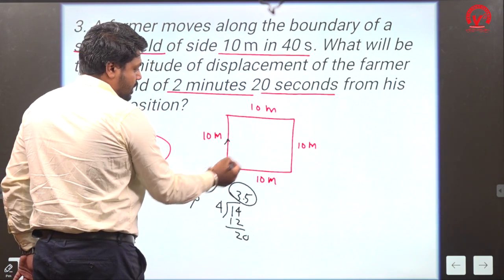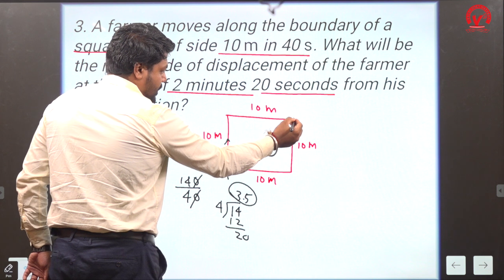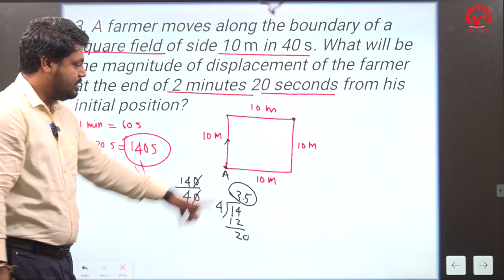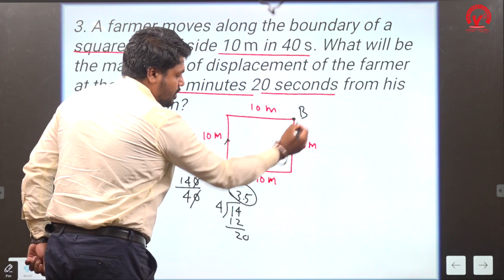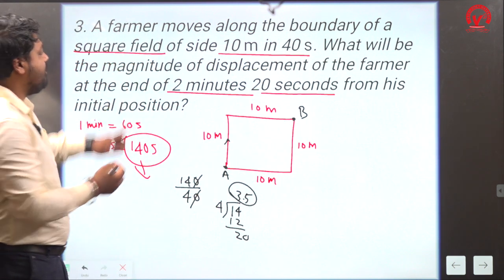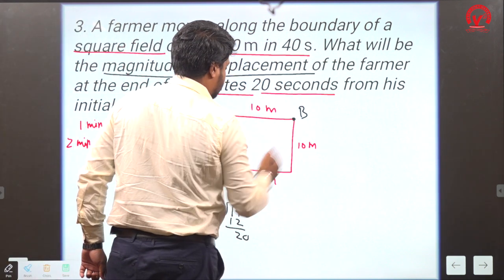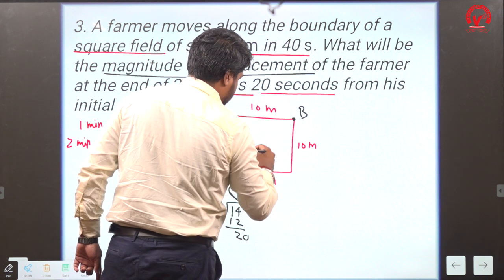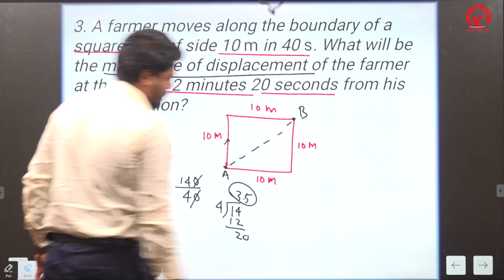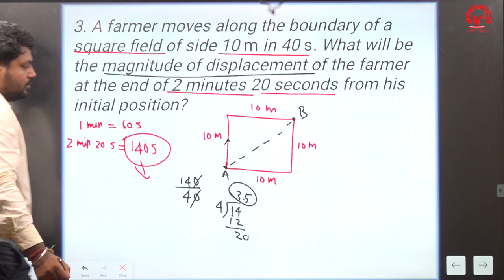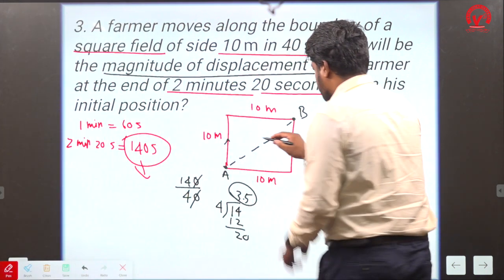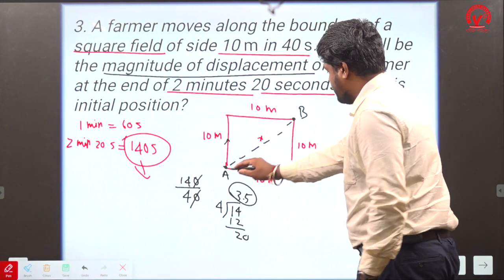See, 3.5 means it will be here. This is the final point. What are they asking? Find the magnitude of the displacement. So this is the displacement, right? We can use Pythagoras theorem.